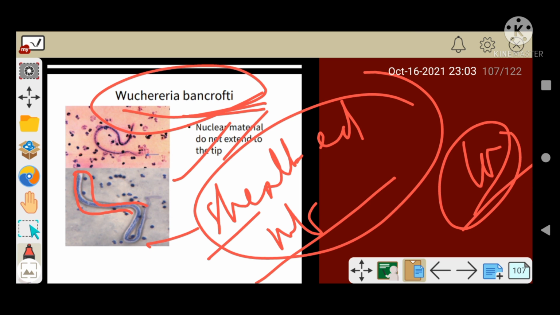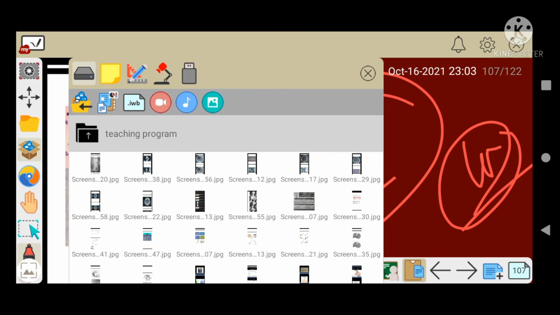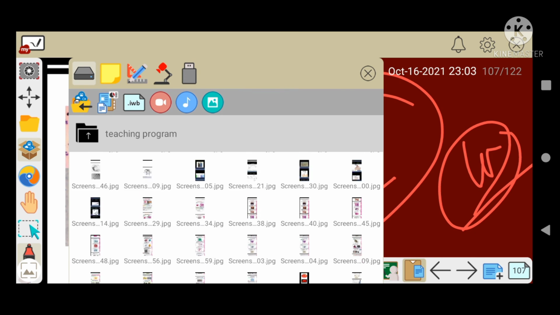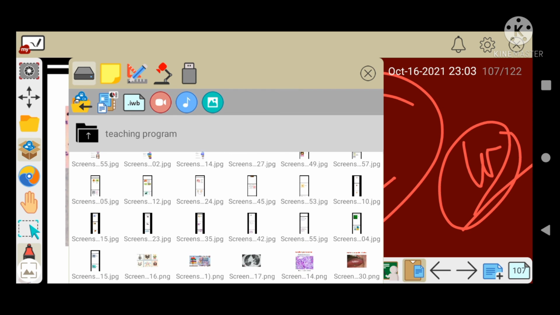Don't forget sheathed. And of course, you will take the blood sample from the earlobe, right, at 2 a.m. at night. Treatment DEC, right? Nice.